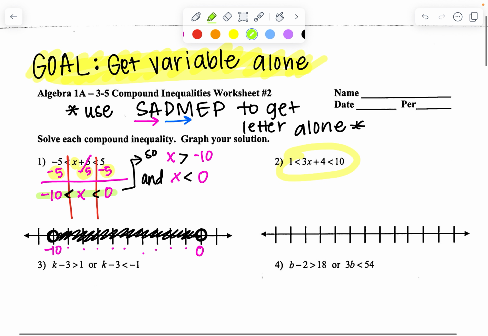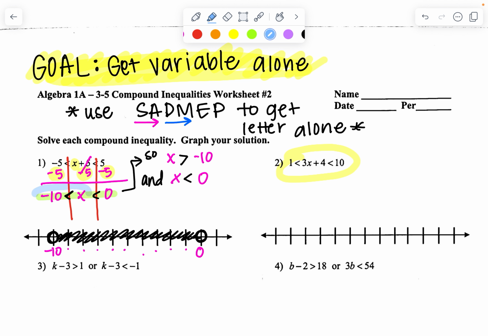So just like we practiced yesterday, break this into two chunks. This chunk right here can be rewritten as x is greater than -10. This chunk right here can be written as x is less than 0, and graph both. Since they're greater than and less than, we have our open circle.